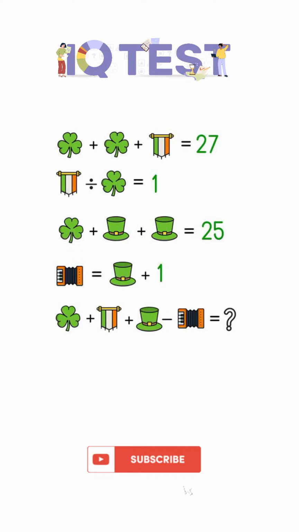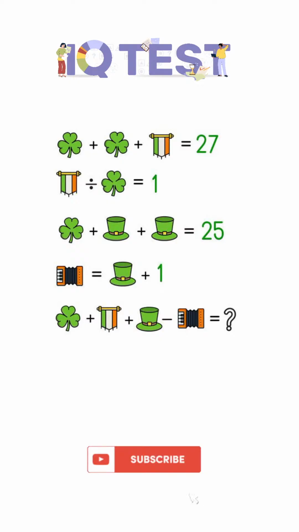Are we okay? So the clover leaf, let's type that. The clover leaf is 9, singular. And then the flag in this case is also 9.